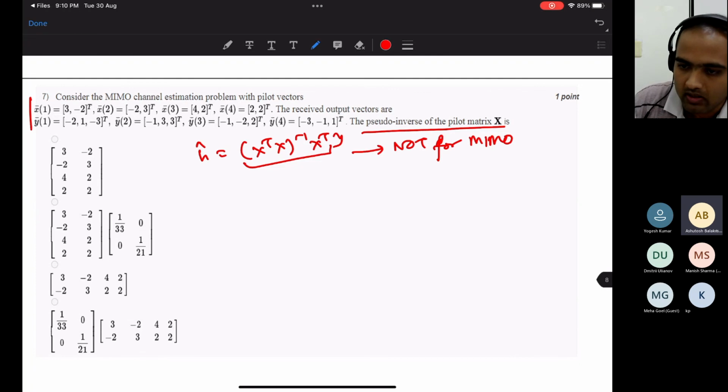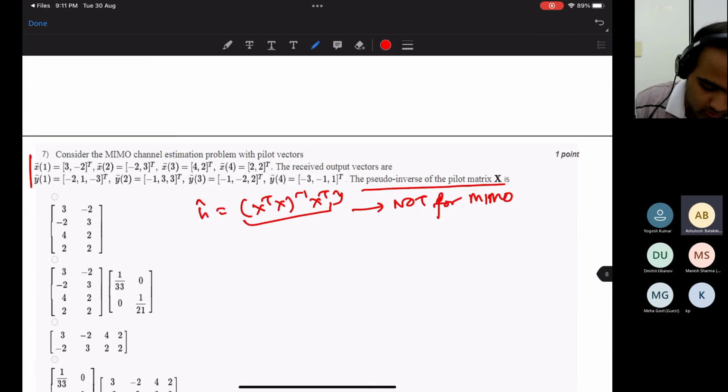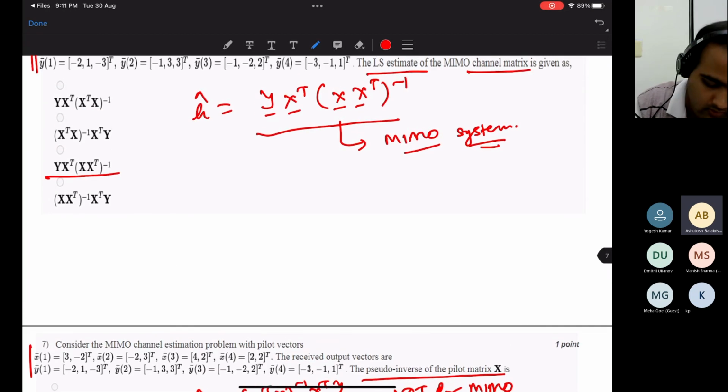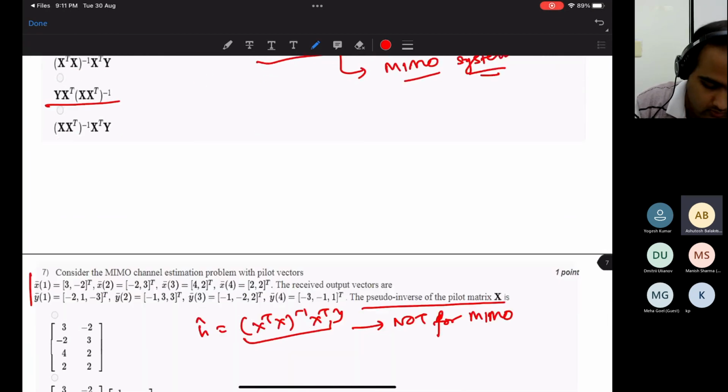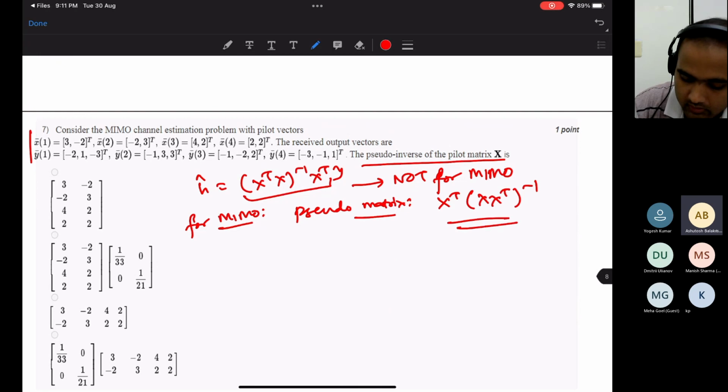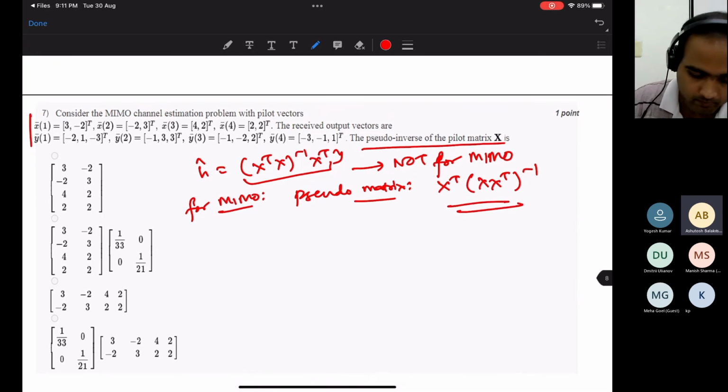This was for a multi-transmitter single receiver antenna setting. As we saw in the previous question, for MIMO our pseudo inverse is X transpose times X X transpose inverse.